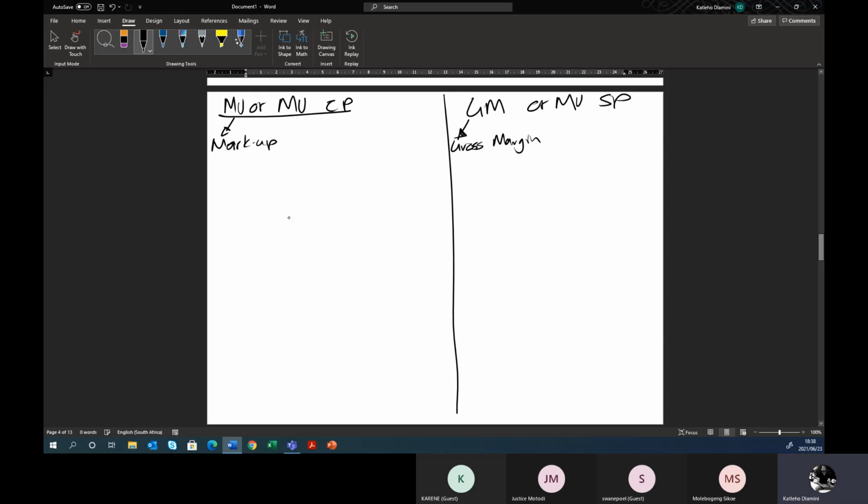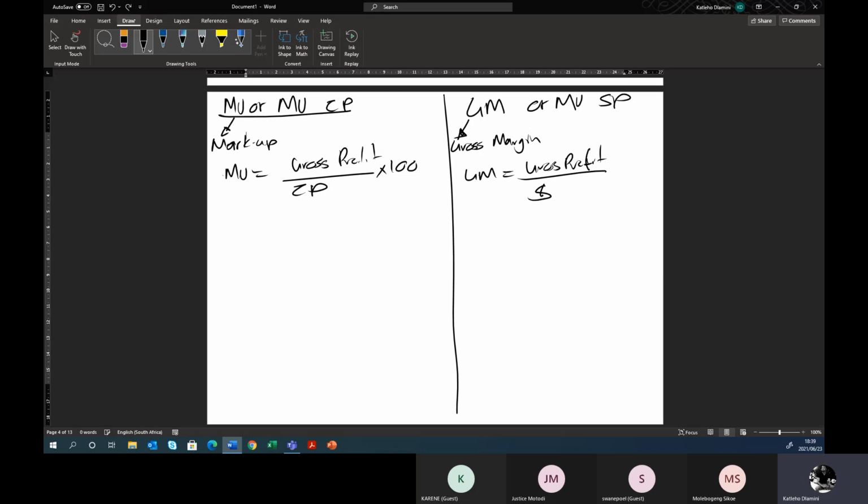The formula for calculating markup is markup equals gross profit over cost price multiplied by 100. For gross margin, it's going to be gross profit over selling price multiplied by 100.